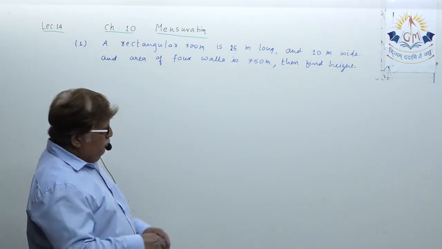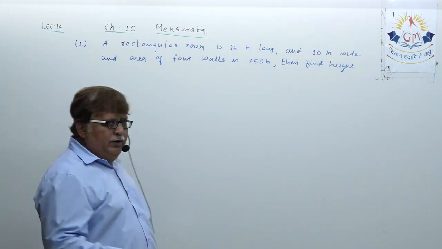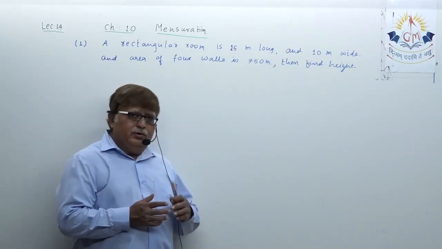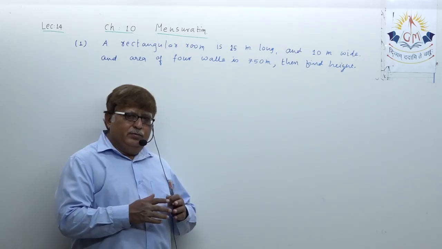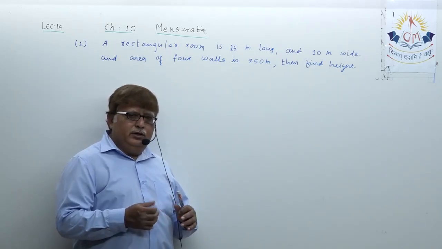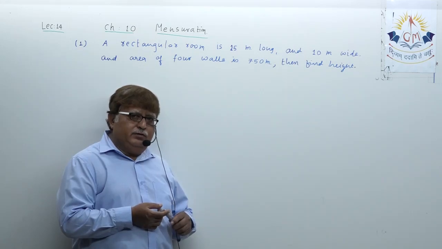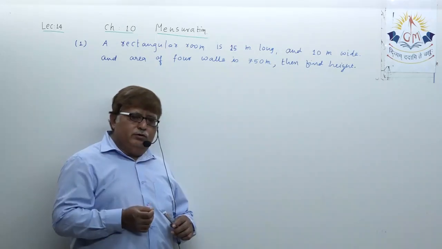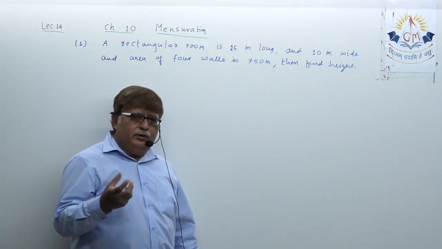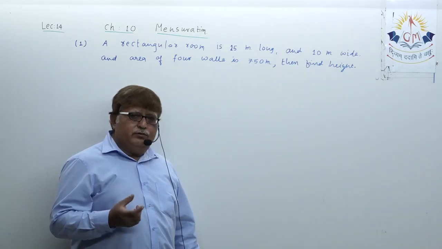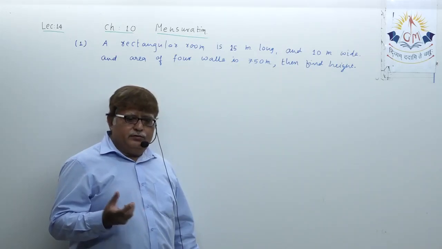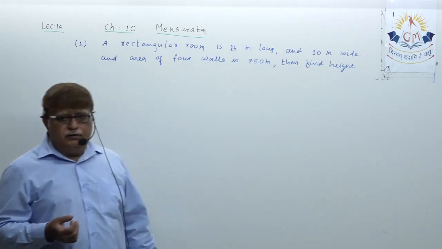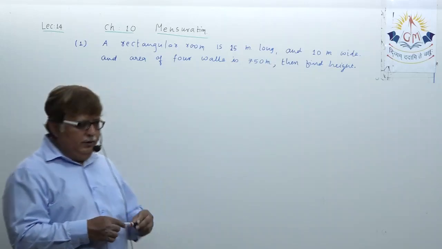Similar examples of a simpler type we have solved in previous lectures, where the volume of the cylinder is given and radius is given and we were looking for height. Such a few examples we have already solved.